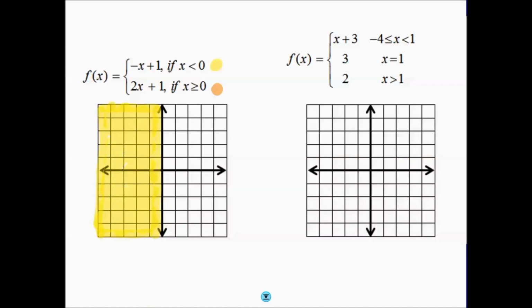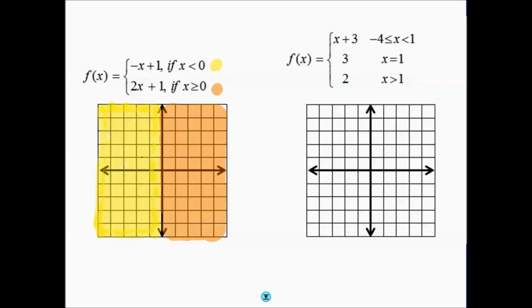Then I'm going to color where x is greater than or equal to 0 orange. So I am only allowed to graph the first equation where the graph is yellow and the second equation where the graph is orange.